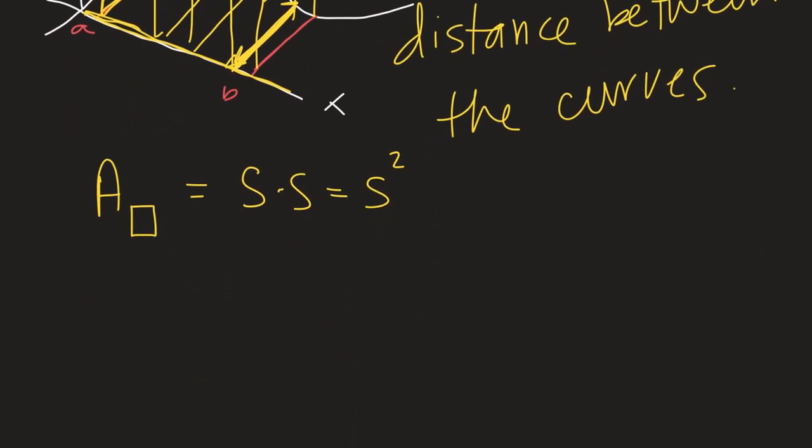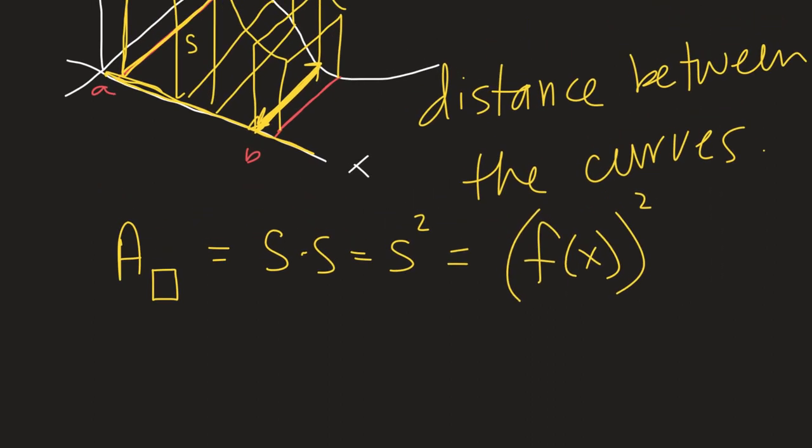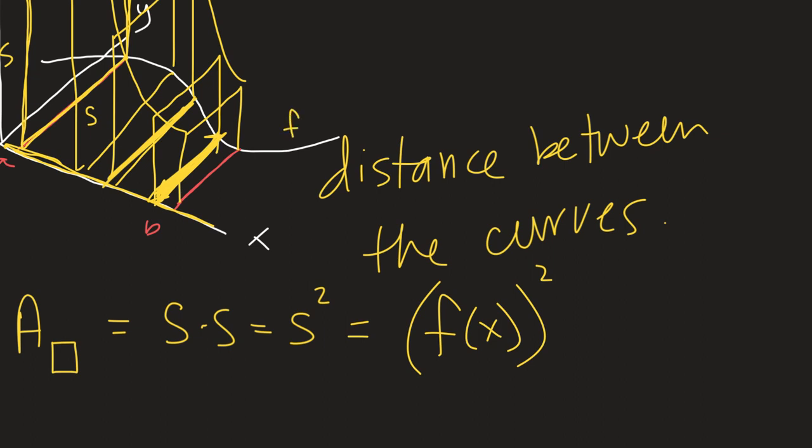So this is equal to the function squared. Whatever the distance is between your two curves, that is the side length. In this case, this distance is given to you by the y value from your function, which is just f of x, the y value at any given x.